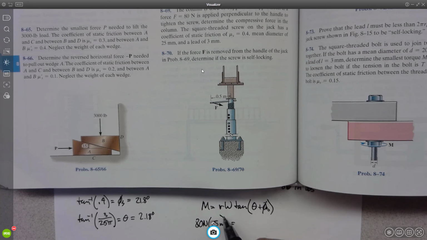And that is equal to the mean diameter of 25 millimeters, so that's going to be a radius of 12.5 millimeters, which is 0.0125 meters.